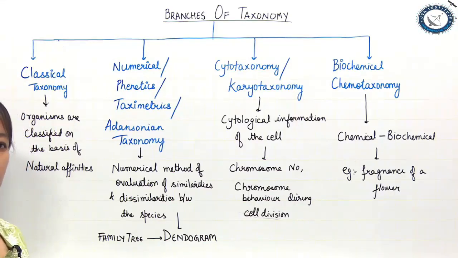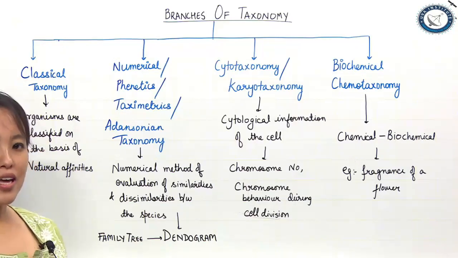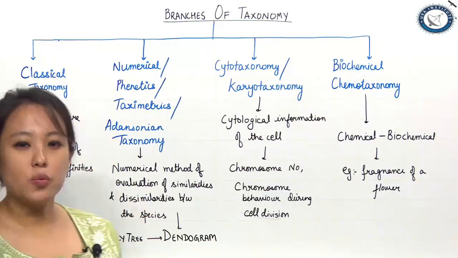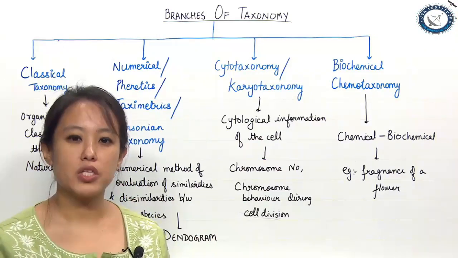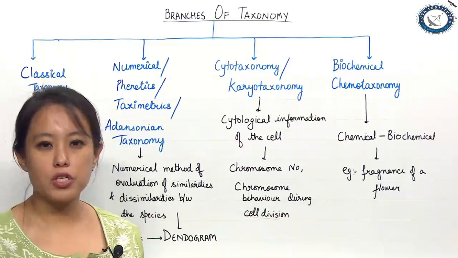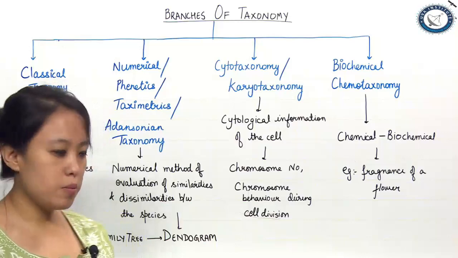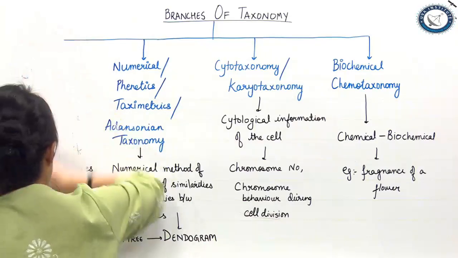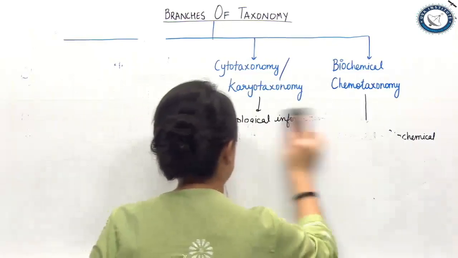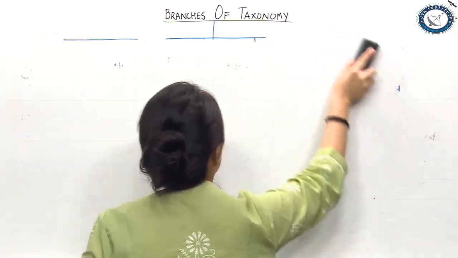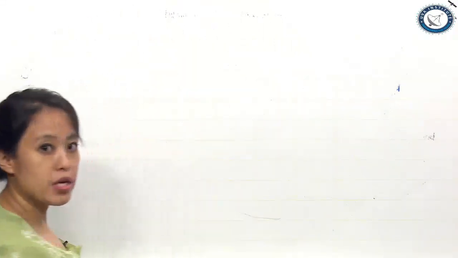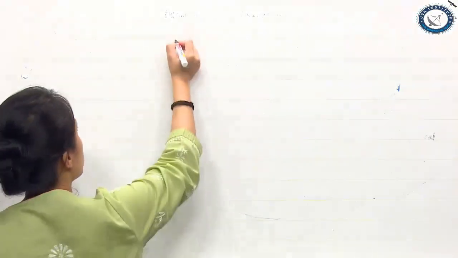Okay. Now I talked about one scientist, his name is Turrell. Turrell is the one who has given a complete synopsis about the taxonomy branches. So now we will be talking about the branches of taxonomy on the evidences given by Turrell.